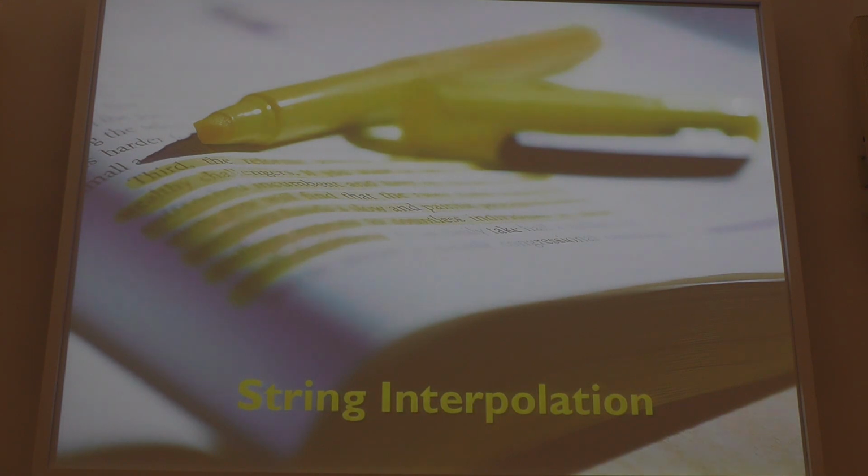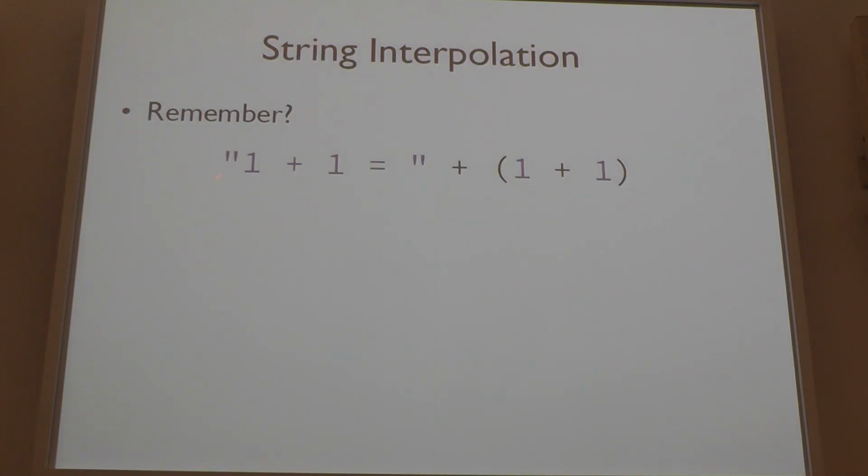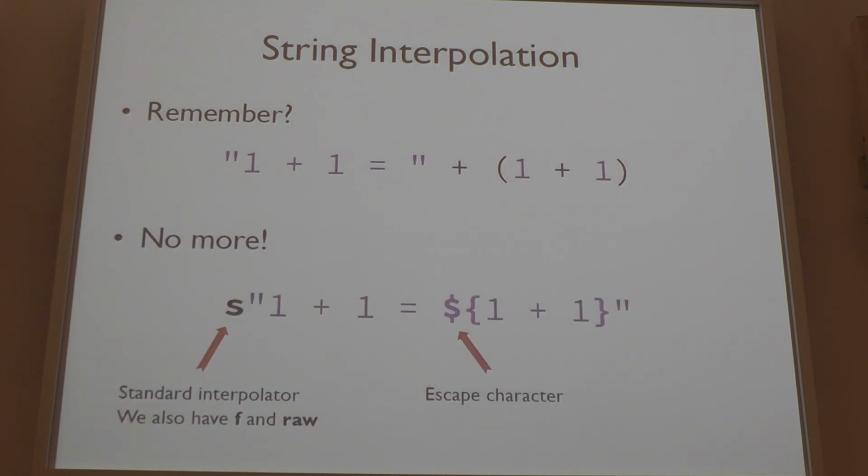String interpolation. Do you remember this code where you had to concatenate strings by using the plus sign? I say no more. Scala 2.10 brings you so-called string interpolation. You have three standard interpolators, s, f, and raw.